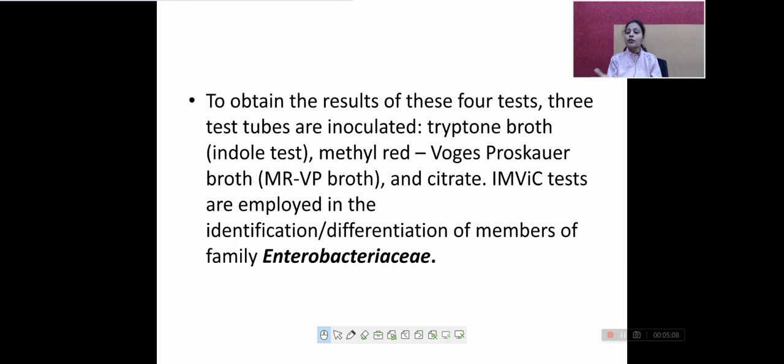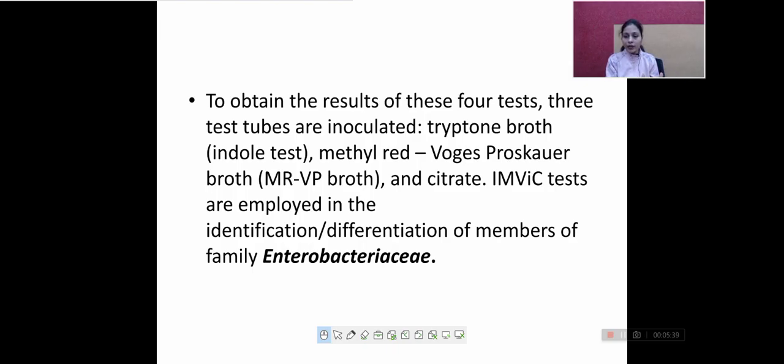Actually in this IMVIC test 4 different tests are present. So in these 4 different test tubes, we present 1, 2, 3, 4. And in each tube, an individual test takes place, and according to the color we decide whether the indole test is positive or negative, the methyl red test is positive or negative, or the citrate test is positive or negative.